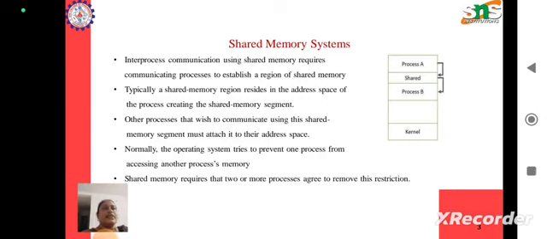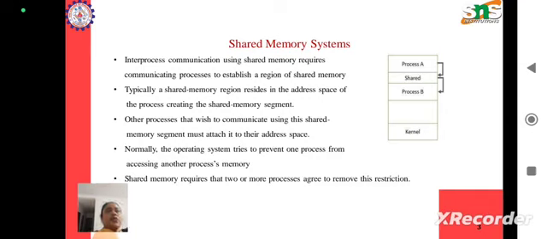So in this example, we have process A which wants to communicate to process B. Process A will create the shared memory region, and it will lie in the address space of process A. That means the process which wants to initiate the communication creates the shared memory segment, so the shared memory region lies in the address space of A.